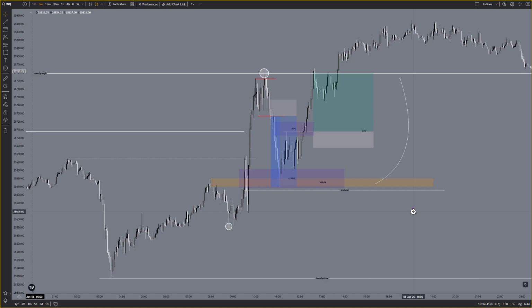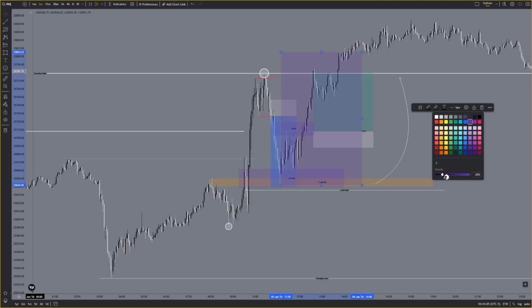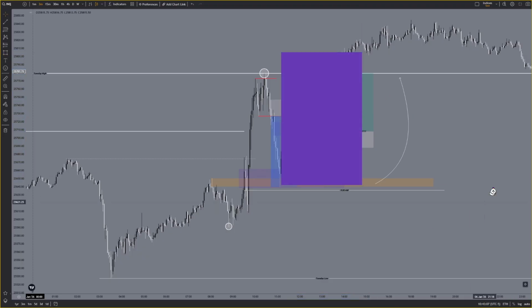Though I don't necessarily consider this to be a counter trend trade, though it is from the true direction. It's just another way to be able to get in sync with the market on what it's currently doing at that time. So, though the market was bullish, you don't see any of this here, so you can't really account for that.